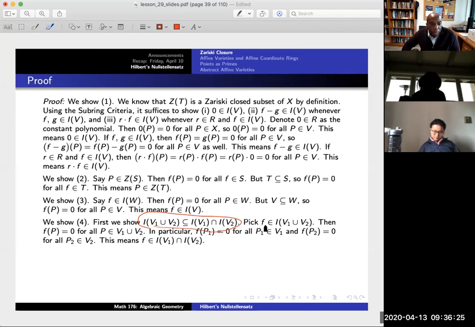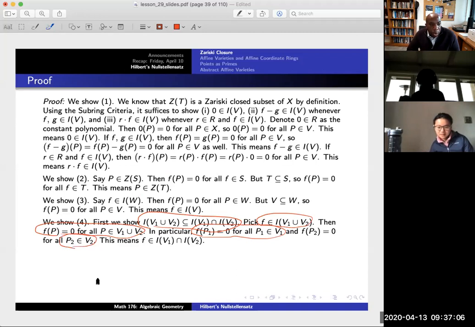I'm going to pick a function that vanishes on all of V1 and V2. What that means is f is 0 for all P in V1 union V2. That's what it means to be in I of the union. So it vanishes on all of V1 and V2. But now if you stare at this, this means that f is 0 for all P in V1 and f is 0 for all P in V2.